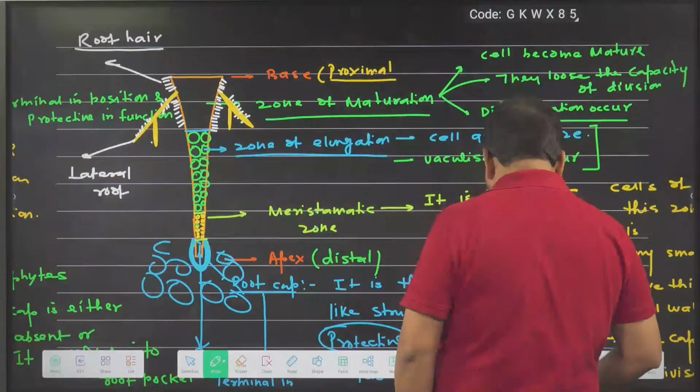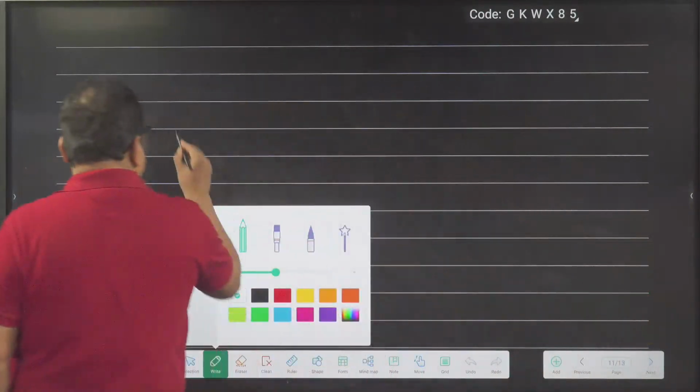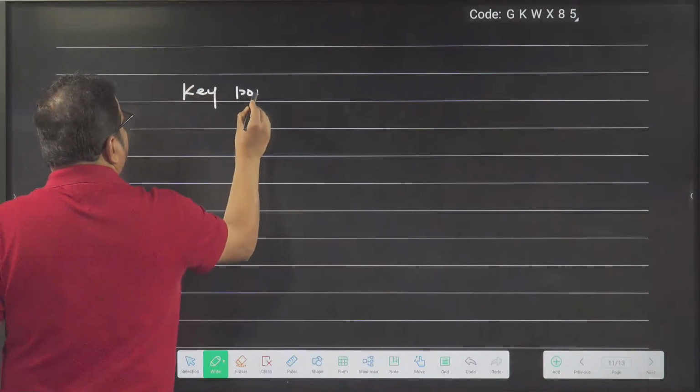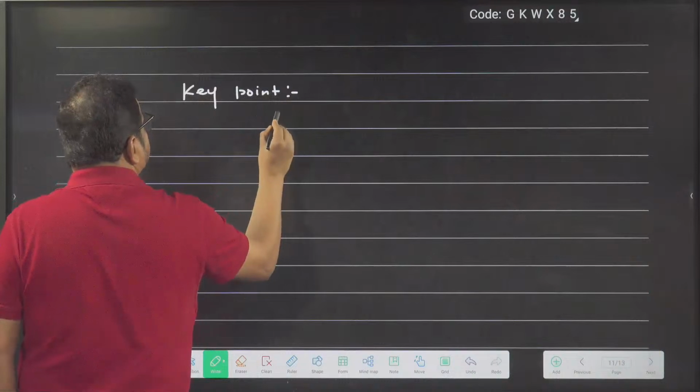Now I am writing two key points. It is important to understand. Key point, not in NCERT, but you must know.